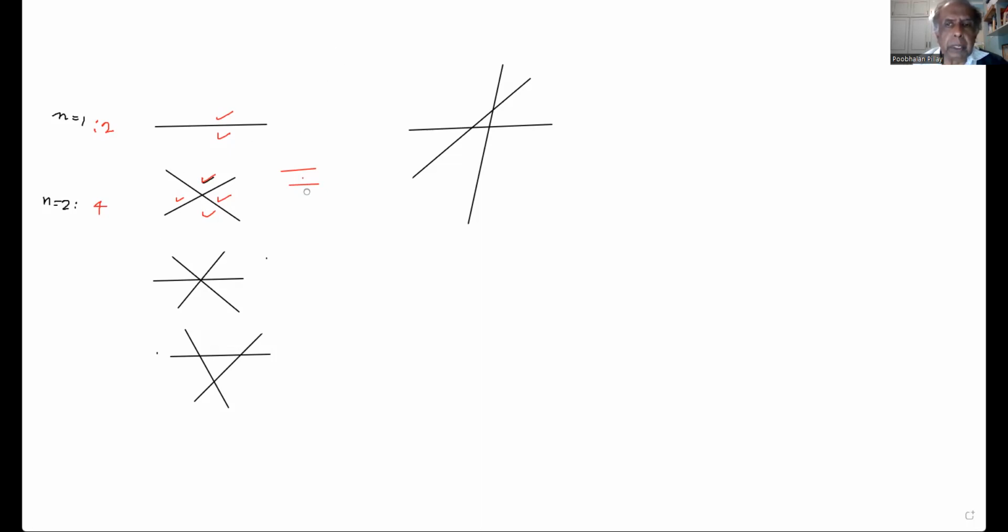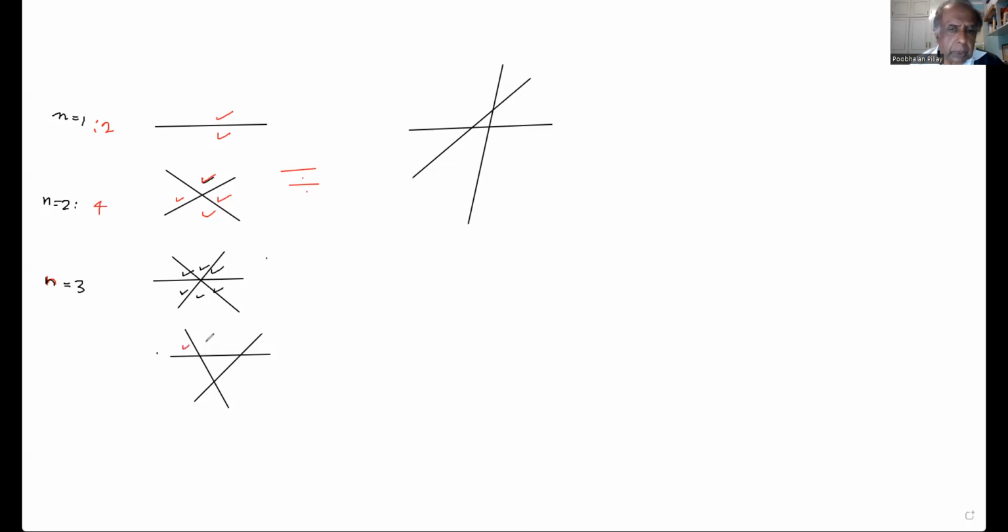Okay, and if you go on to the third one, when n is equal to 3, if we make those lines all go to the same point, then you have 6 regions. But you want the largest number of regions, and you see that it's possible to get 7 regions if you don't make them go through the same point.